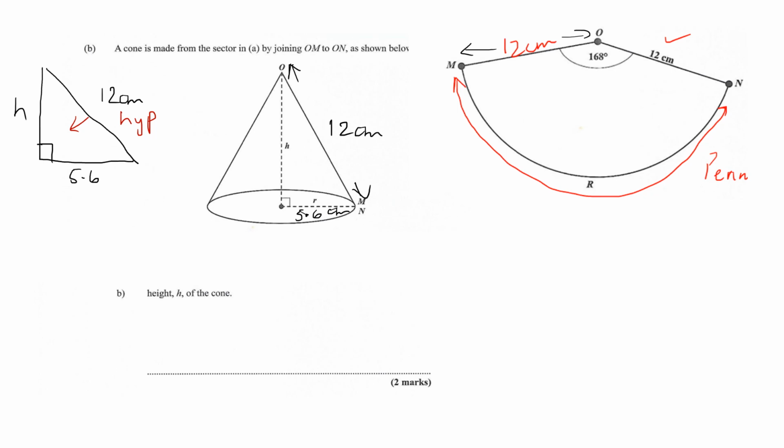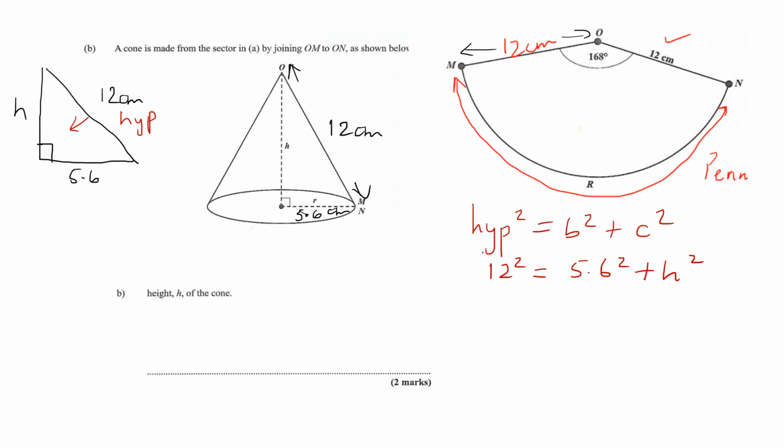Let's write down the formula first: the hypotenuse squared equals b squared plus c squared. So 12 squared is equal to 5.6 squared plus h squared.